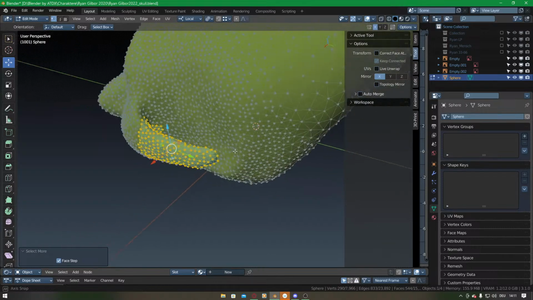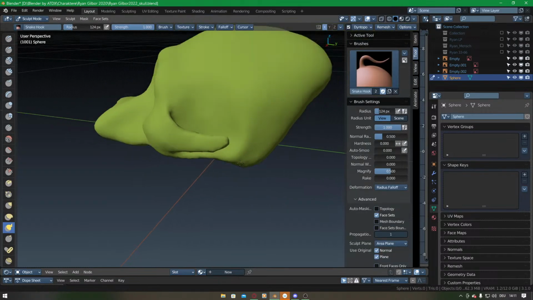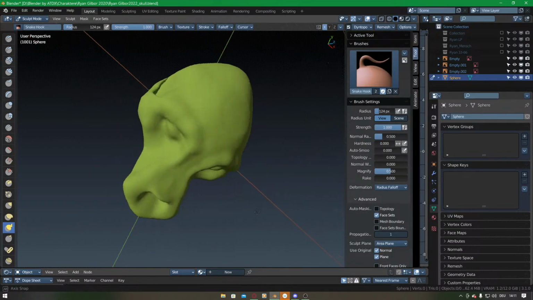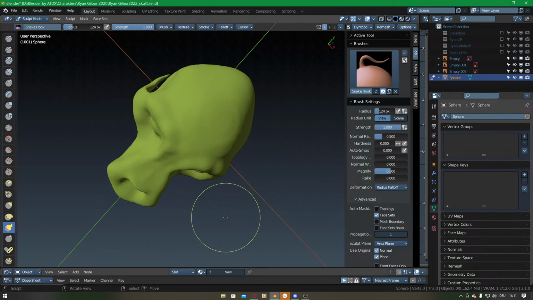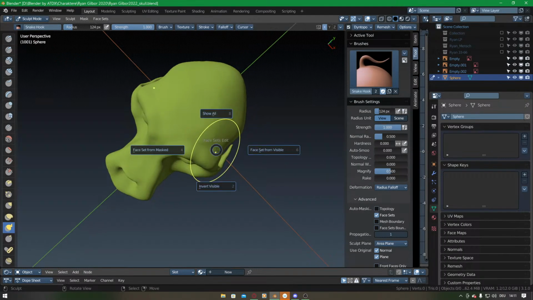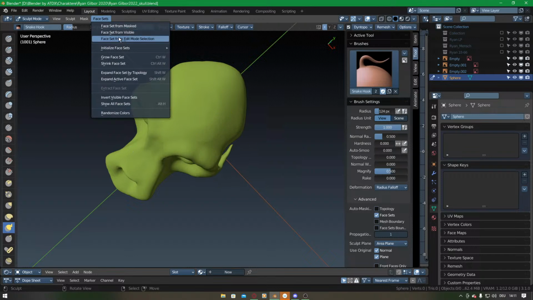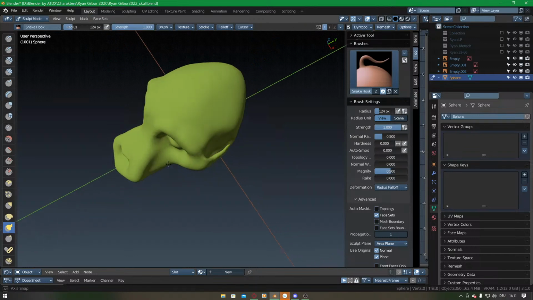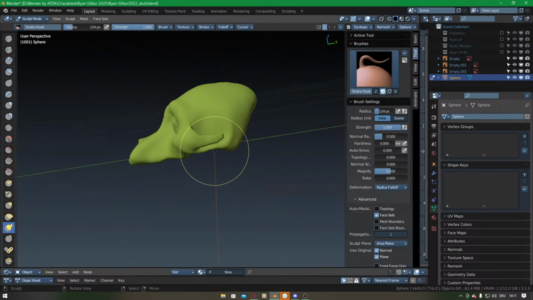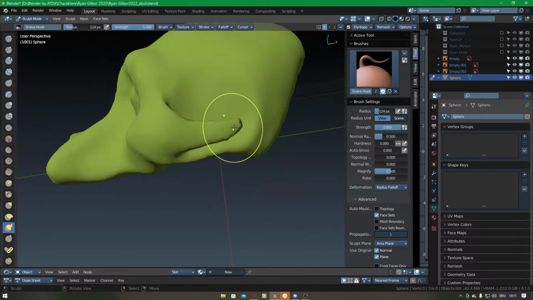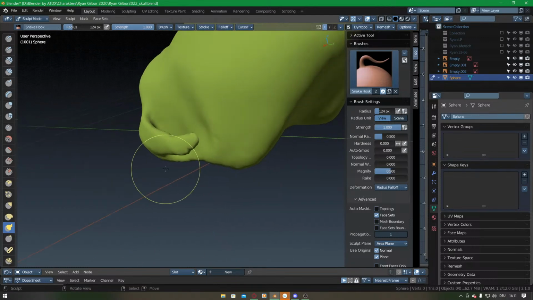Basically select this part, then go to sculpt mode, although I can mirror it, symmetrize it, and if I press W, face set from edit mode selection, and that should allow me to only affect this.